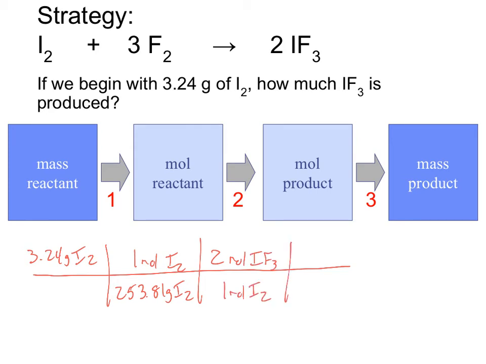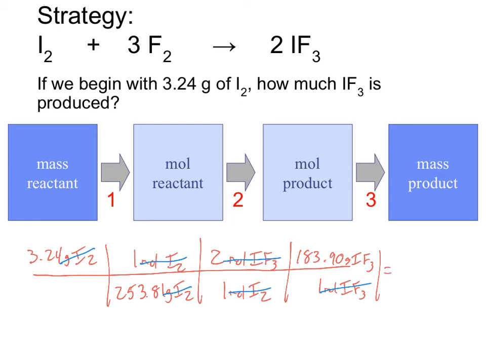And lastly, to grams of IF3 using its molar mass. And we'll take note, grams of I2 cancel out, moles of I2 cancel out, moles of IF3 cancel out, and our final answer will have the units of grams of IF3, which we're looking for.